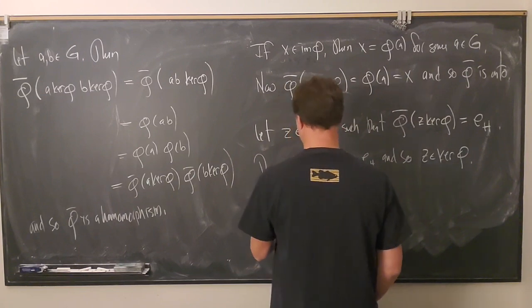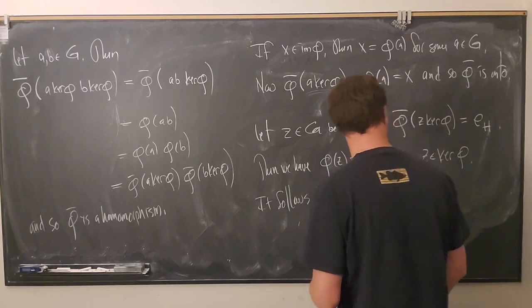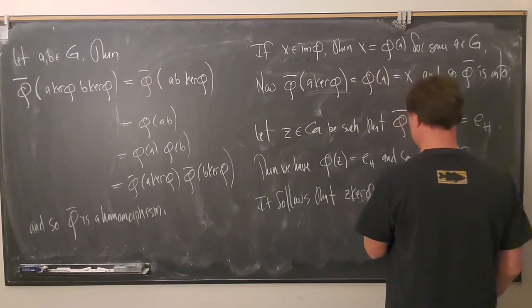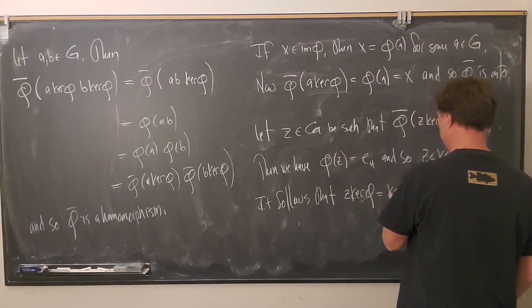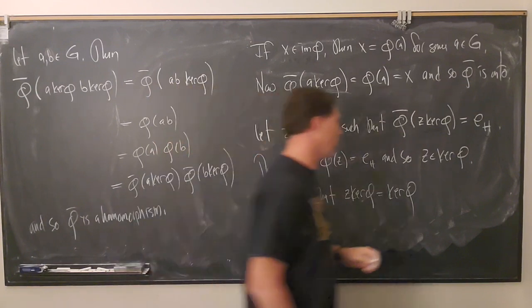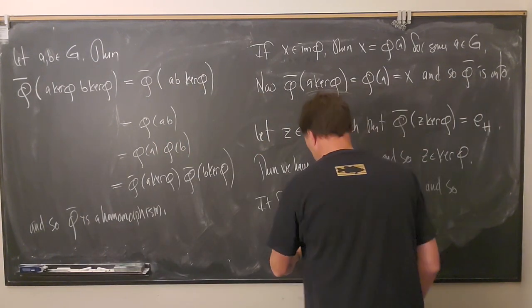It follows that the coset z kernel of phi is equal to the identity coset, kernel of phi. It's going to look a little bit funny here.